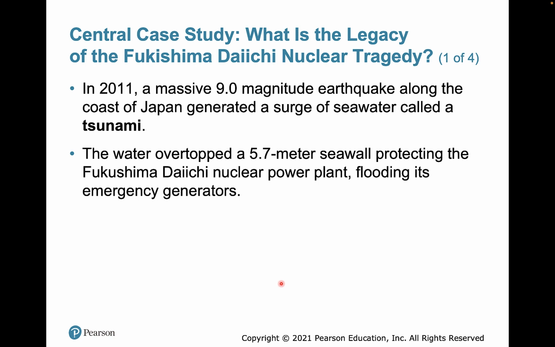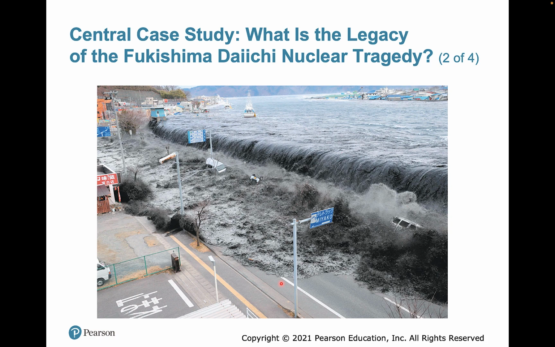It overtopped roughly an 18-foot seawall, a little bit less than 18 feet, that protected the Fukushima Daiichi nuclear power plant, which wound up flooding the emergency generators, which started a meltdown. We're going to watch a video that was taken in this area, and this is just a picture of the 18-foot seawall being topped by this tsunami wave. It was that large.